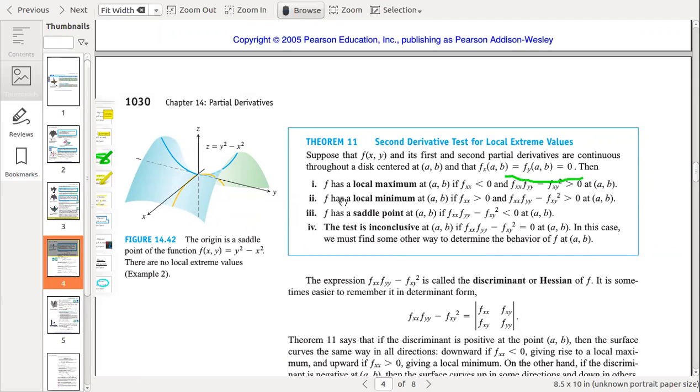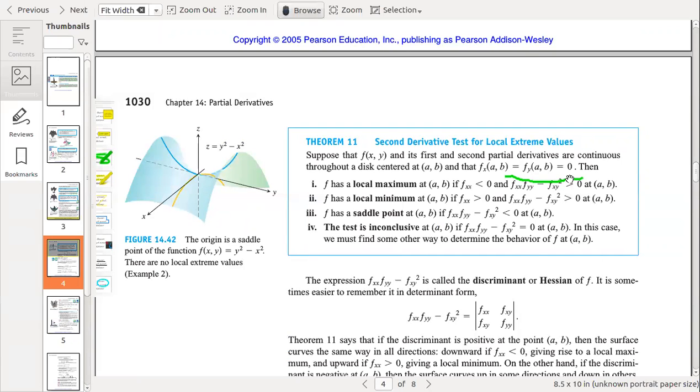Number two, f has a local minimum at (a,b) if the partial derivatives satisfy this inequality at (a,b). The only difference between these two conditions is that the second order partial derivative with respect to x is less than 0 in the first condition and greater than 0 in the second, while the inequalities are the same.